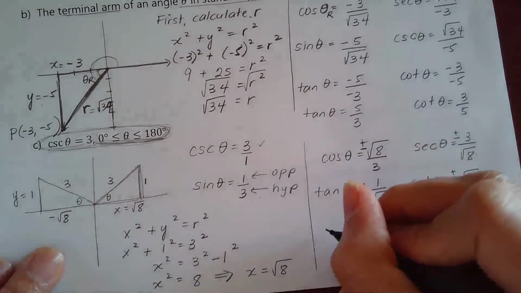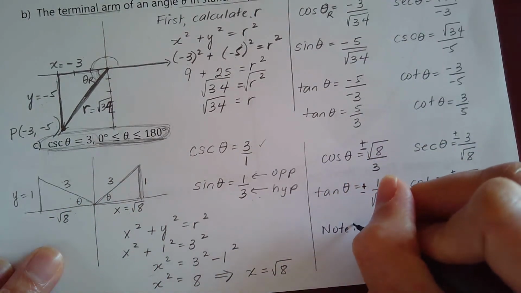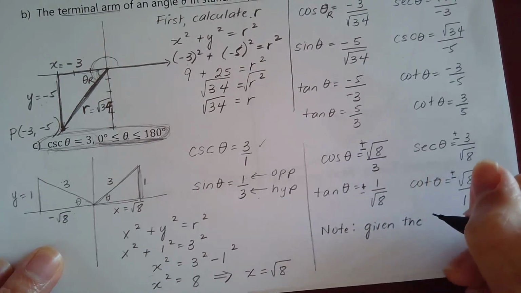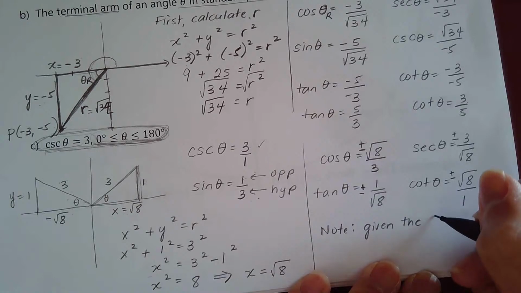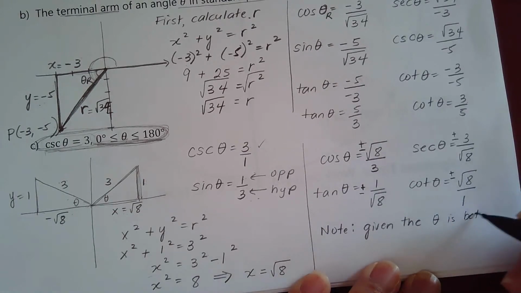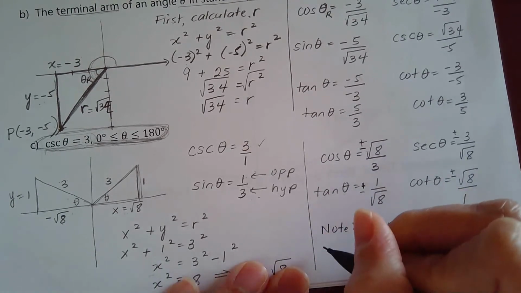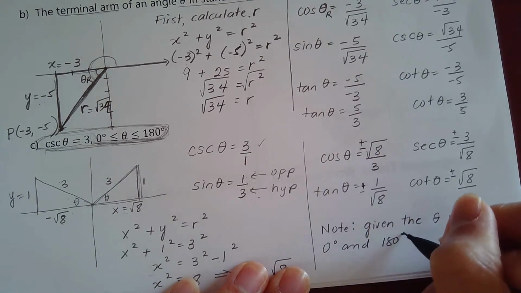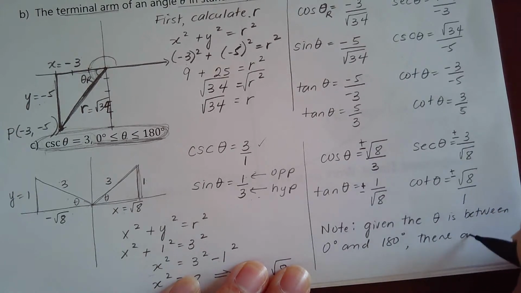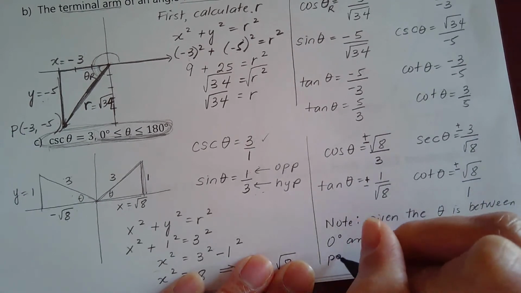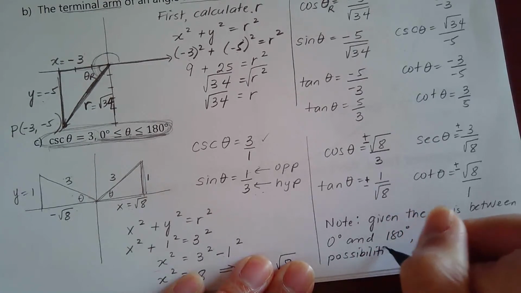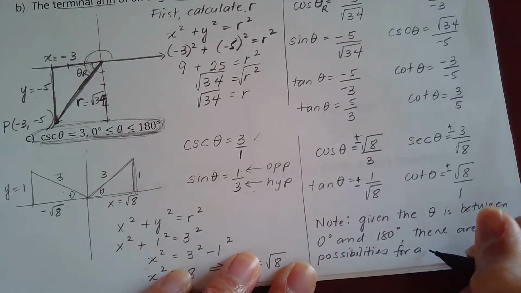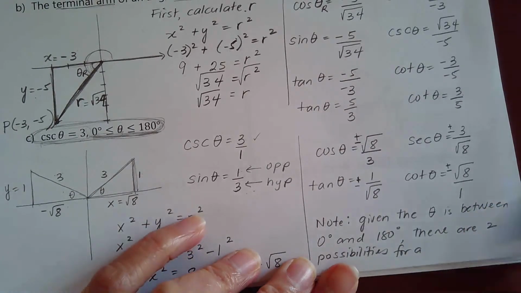So note, given theta is between 0 and 180 degrees, there are two possibilities here for theta.